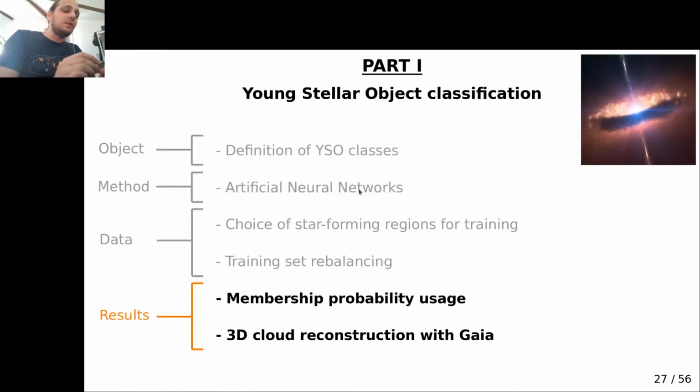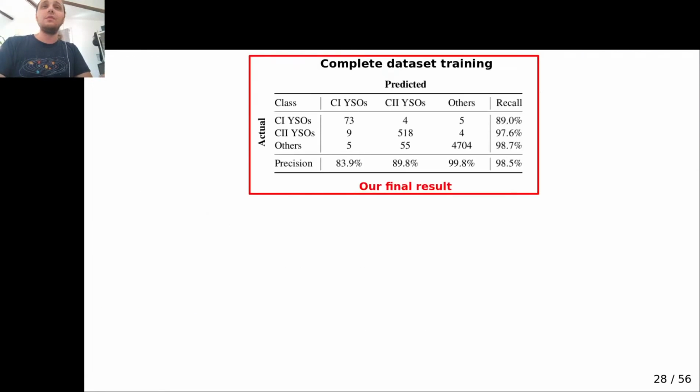Now that we have defined the proper way to train the network, I will present our general results. When we train the network using the complete dataset, so with Orion and GC2264 and our census of 1 kiloparsec star-forming regions, we have those results.